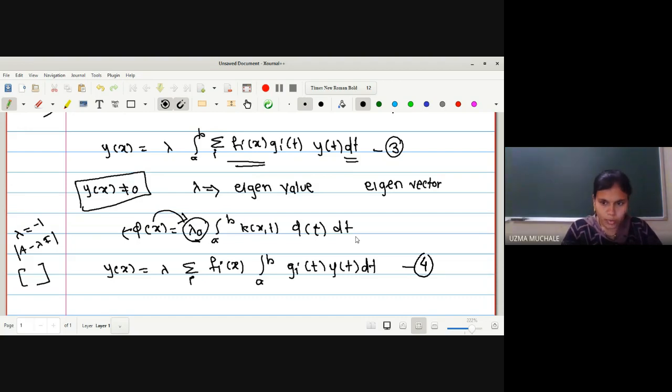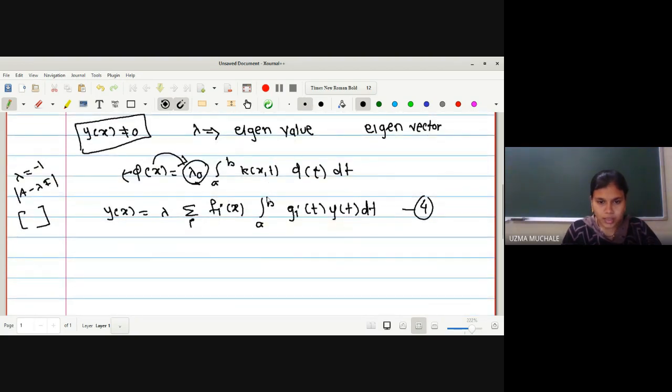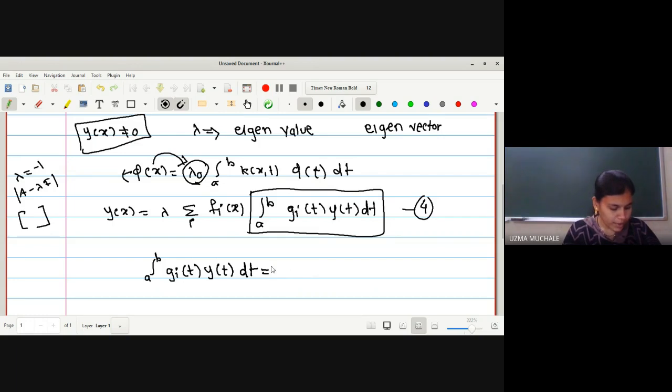Now what we have to do next is this: whatever integration you have, a to b, g i of t y of t dt, these are simply functions of t, and we are going to evaluate the integration with respect to t. If they are functions of t and you are evaluating the integration with respect to t within the limits a to b, what should be the value of this term, integration a to b g i of t y of t dt?